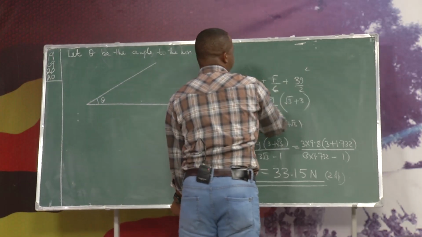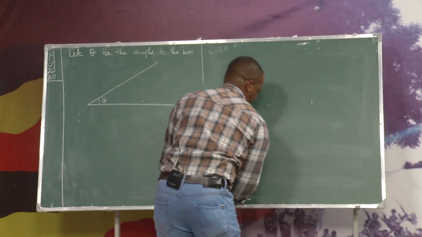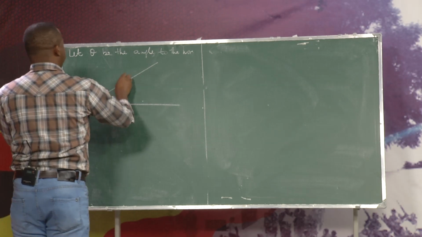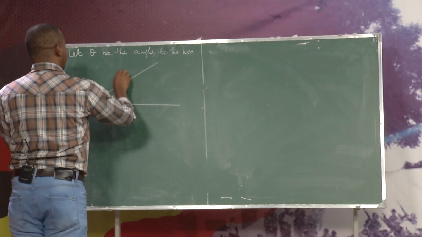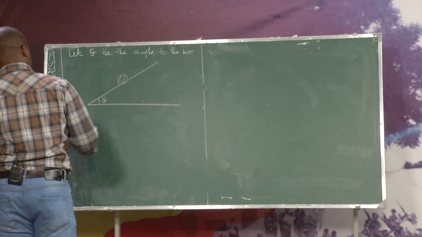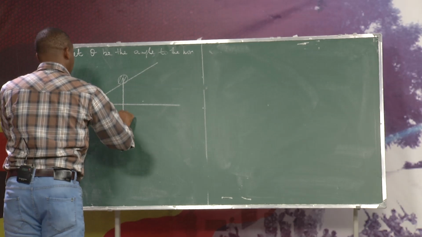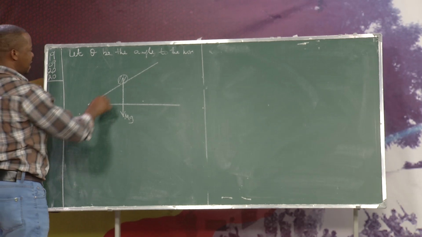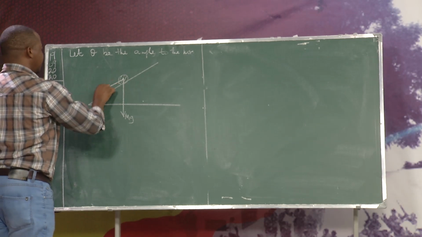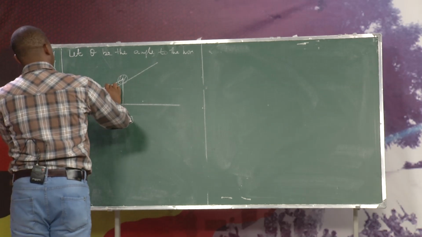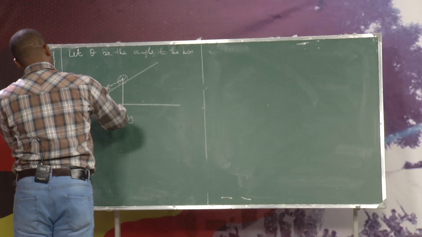After that, we are going to attach our particle. If this is our particle, they are telling us this particle has a mass of m kilograms, so it will exert a weight, which will be m times g. Definitely, it will have a downward component, which is mg sine theta, where theta is the angle we are looking for.